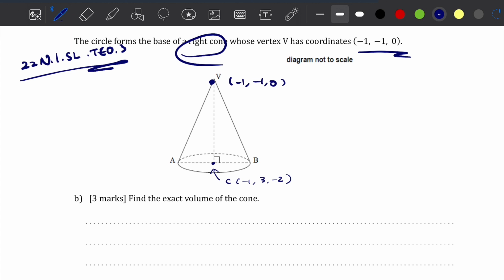which is the base, right? To find the exact volume of the cone, we need to use the volume of the cone formula from your formula booklet, which is 1/3 times pi r squared, which is the base, times the height. You can find this formula in your formula booklet.